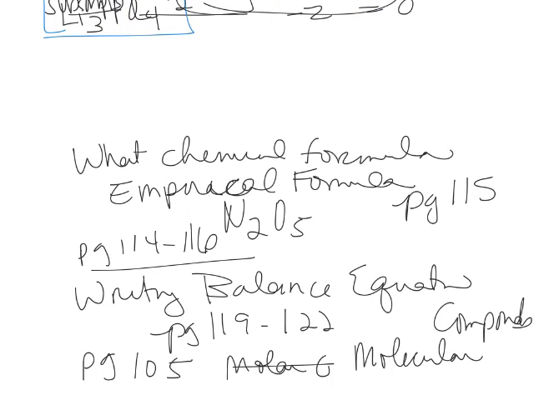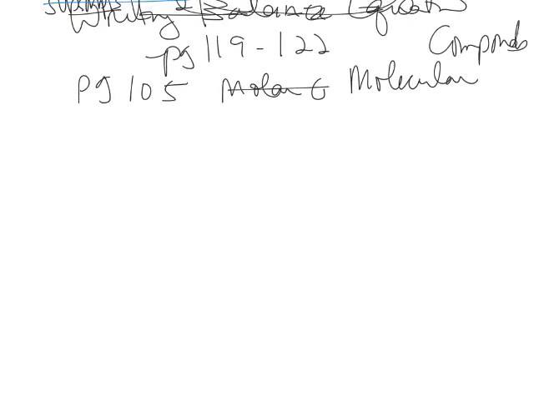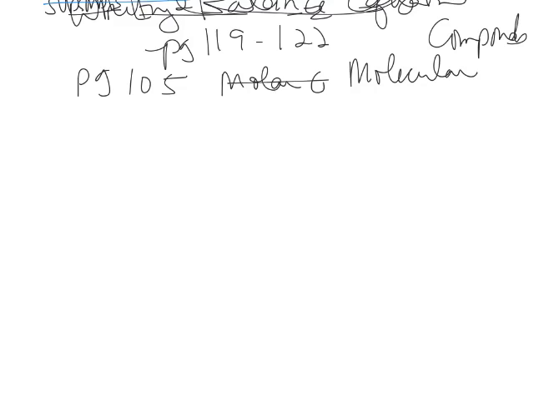Molecular compounds are nonmetals with nonmetals, and that's why you got to get familiar with being able to read your periodic table. If you look at something like nitrogen and fluorine, a compound like this is a nonmetal with a nonmetal.